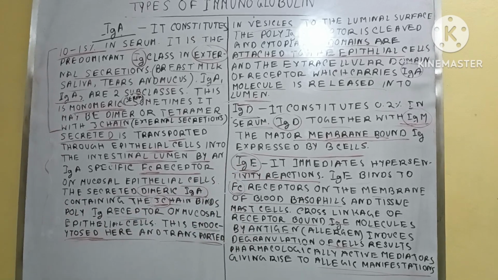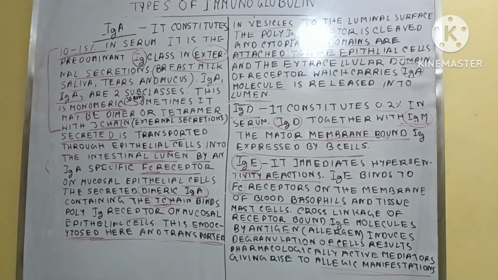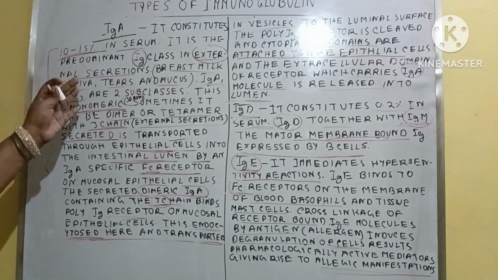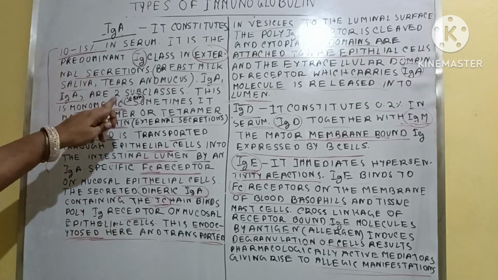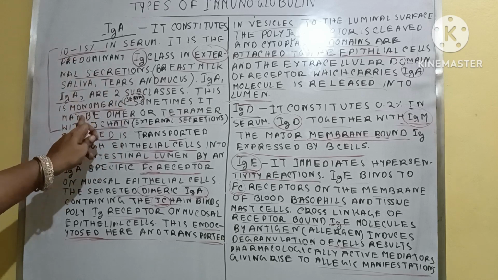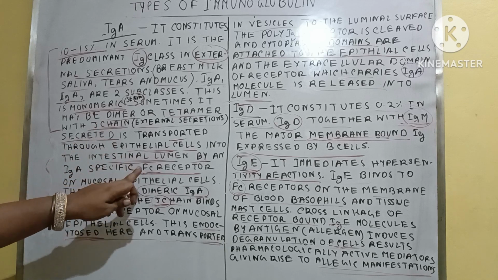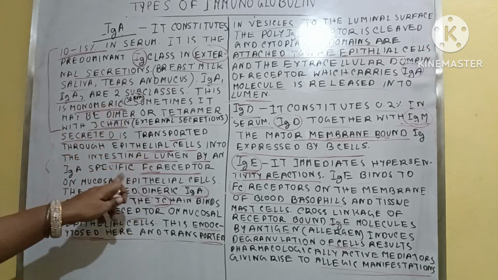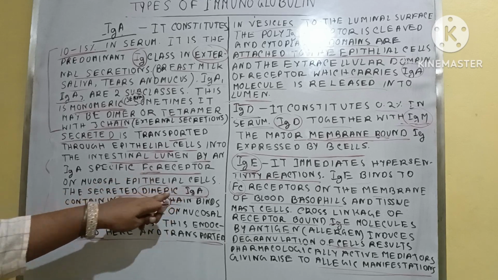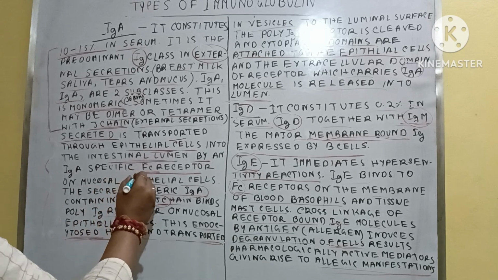IgD is just like IgM. It functions with IgM. And IgA functions in two ways. One is present in the serum in the monomeric form, and it functions directly. The other form is the dimeric or tetrameric form that is present in the external secretion. They form in the following way: first they bind with the Fc receptor.